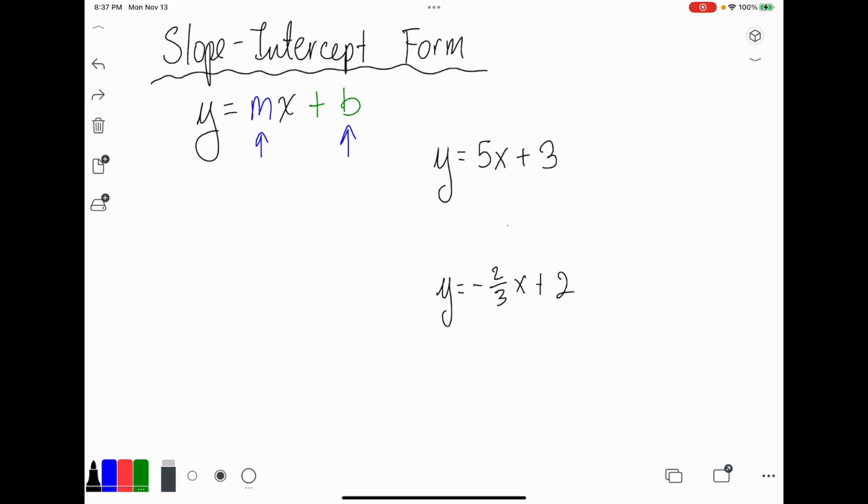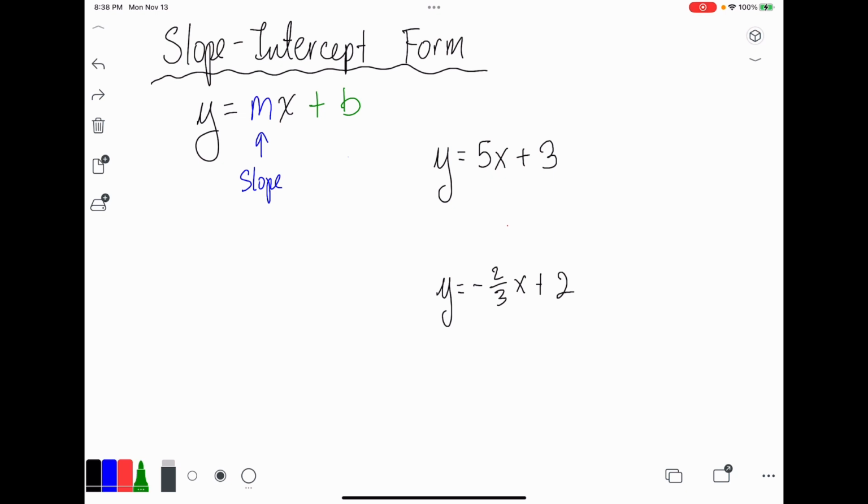But the beauty of this equation is that just by looking at it, the coefficient of this term, the number that is multiplying the x, just so happens to graphically represent the slope of a line.